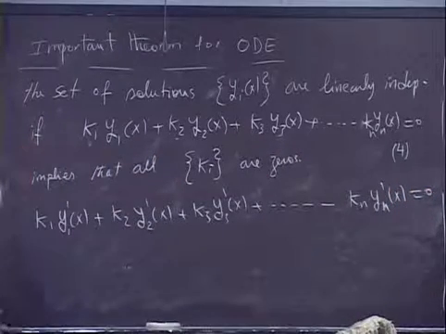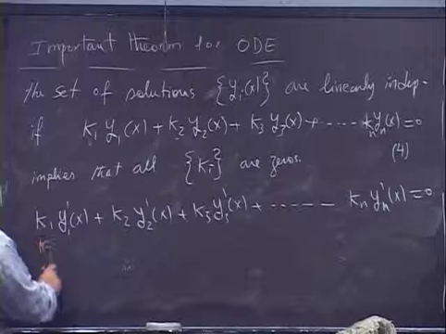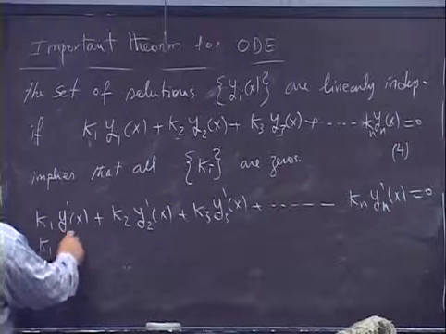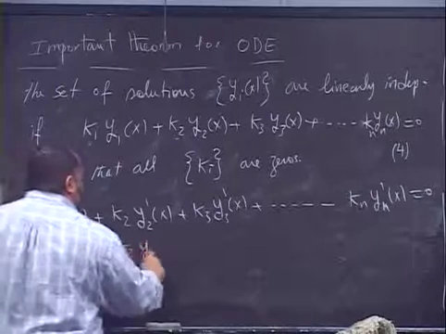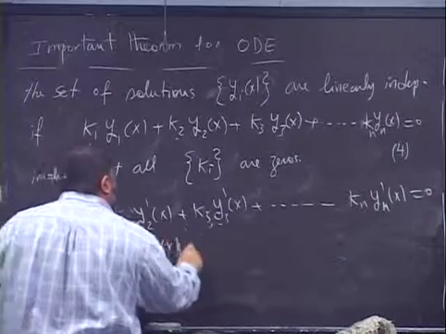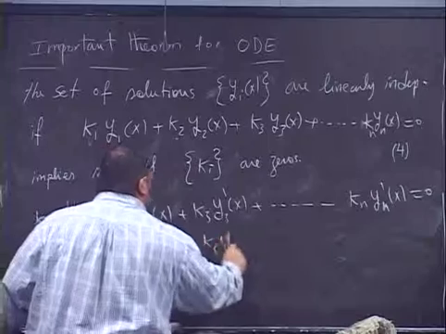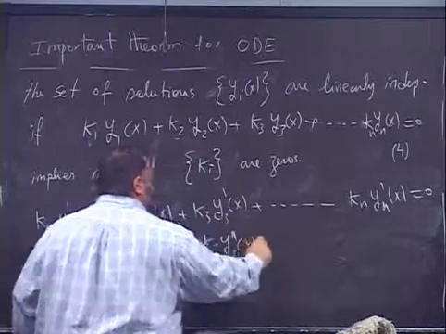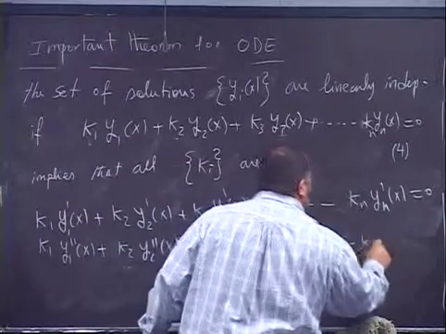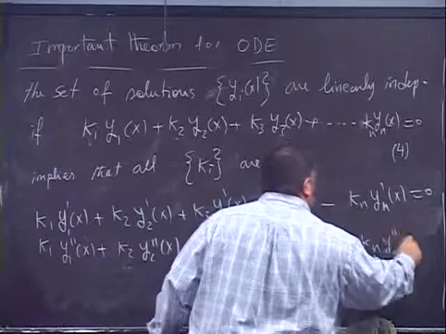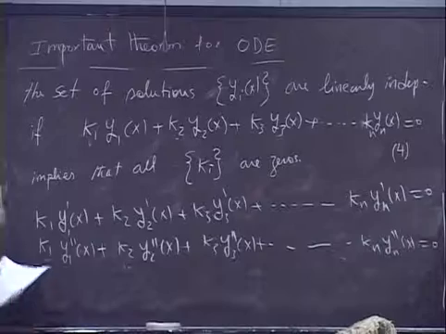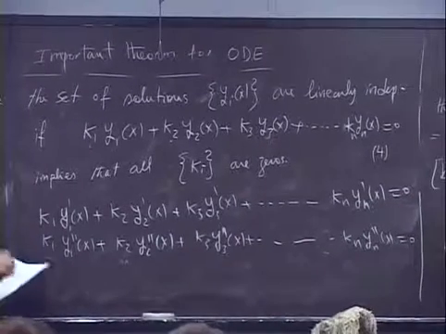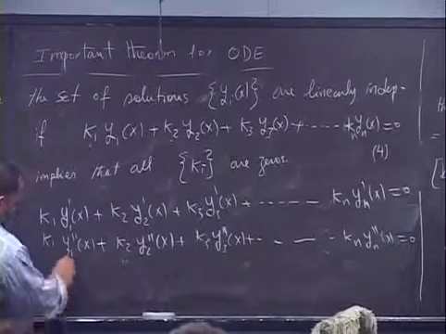Differentiate a second time, and this will give you k1 y1 double prime of x plus k2 y2 double prime of x plus k3 y3 double prime of x plus kn yn double prime of x equal to 0, and do this until the n minus 1 derivative.